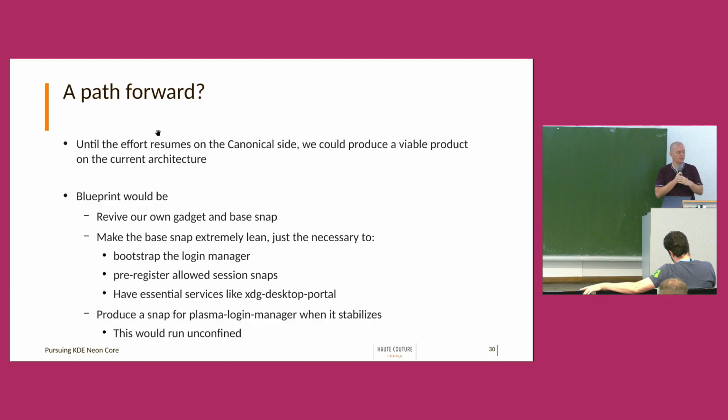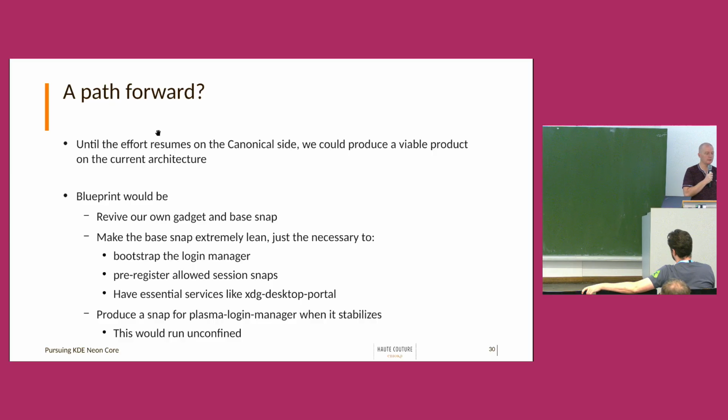So the blueprint for that would be to get back the gadget and the base snap that we have, but to change them, especially the base snap, and to make that base snap extremely lean, okay? So just the necessary to bootstrap the login manager, not even containing the login manager, but just having a bunch of scripts on top of Core 24 to bootstrap that without the confinement, and then you can still ship it as a snap, okay?